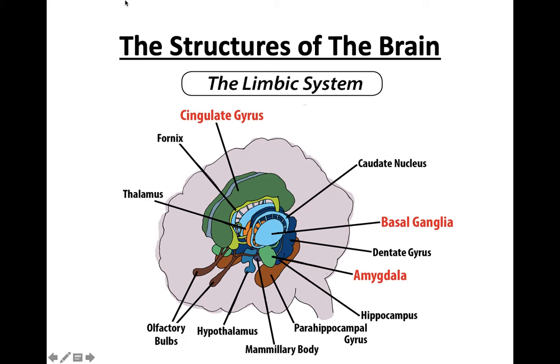Okay, so the cingulate gyrus helps us remember things that are emotionally significant. So if we think about our very early evolutionary history, things that are important to us, it's good that we make memories about them so that we can learn and retain that learning.